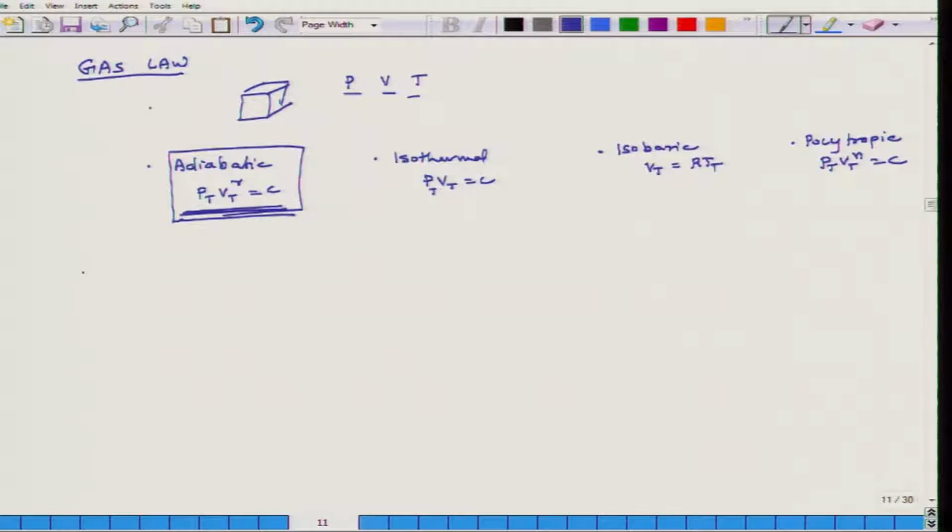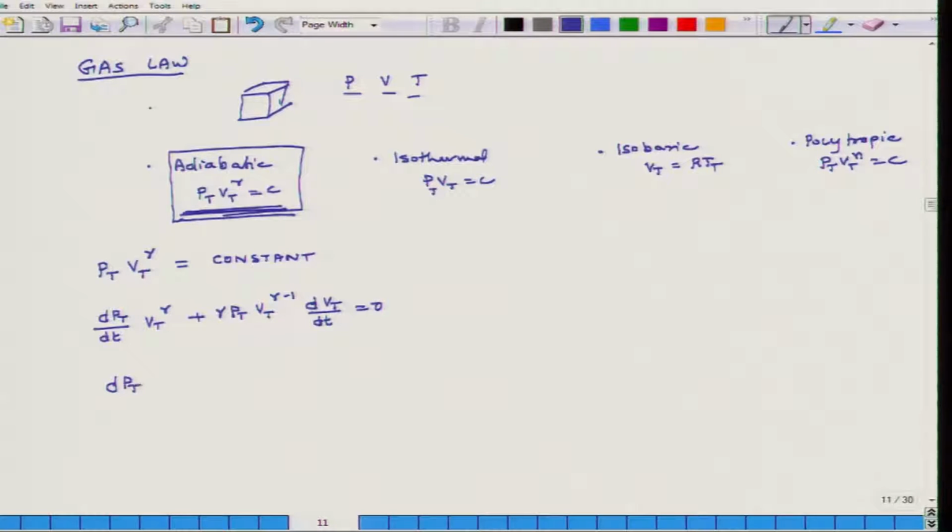So, if that is the case, then we say that PtVt to the power of gamma is constant, or if I differentiate it, I can write it as the total derivative of pressure with respect to time times Vt to the power of gamma, plus Pt times Vt to the power of gamma minus 1 times gamma times the total derivative of volume with respect to time, is equal to 0.